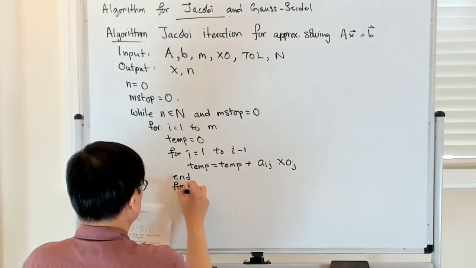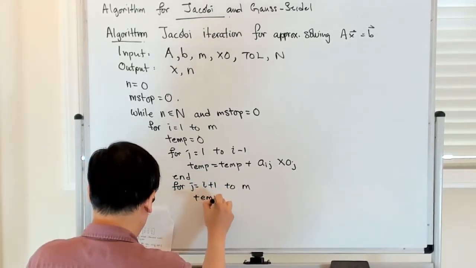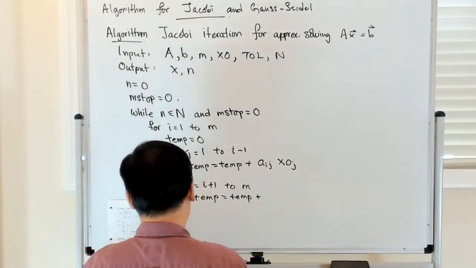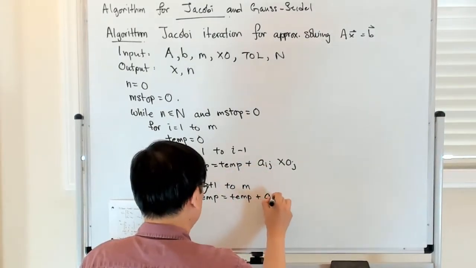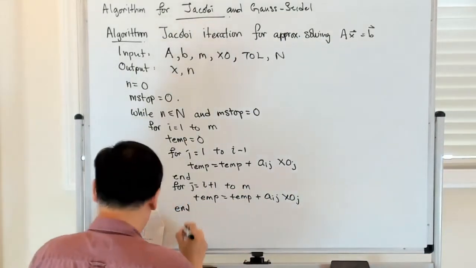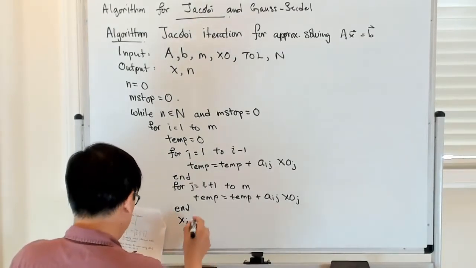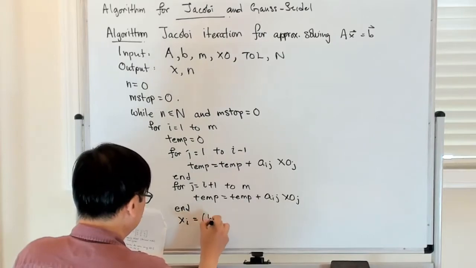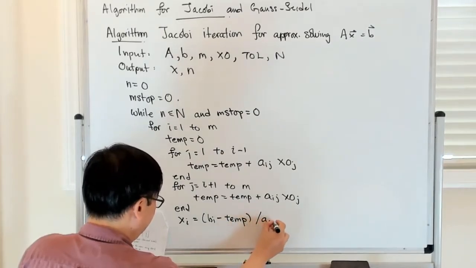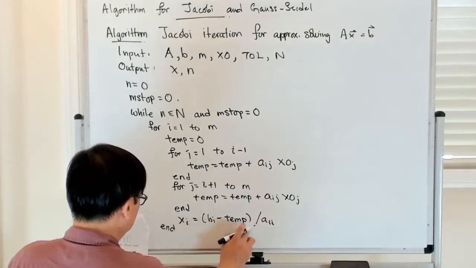And then for j equals i plus 1 to M, again, I add the entries from this product here, a_ij x0_j, end. And then x_i, which is the i-th component of the new value of x, is equal to b_i minus this temp, and then the whole thing divided by the diagonal entry a_ii. So that's the new solution.